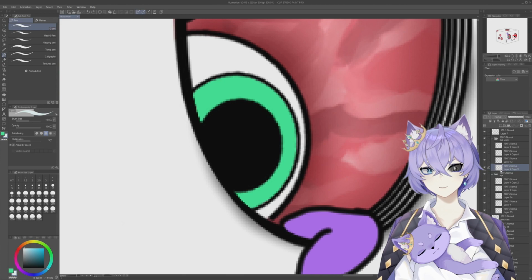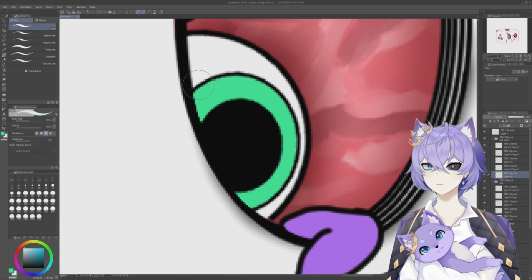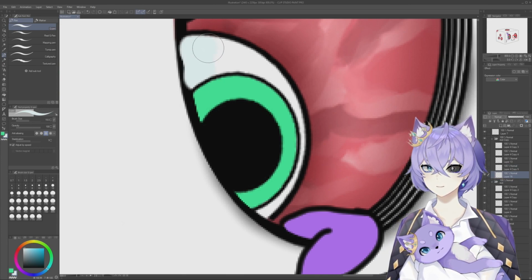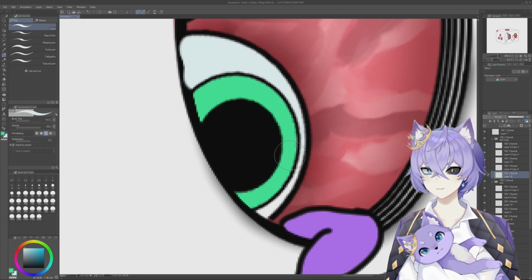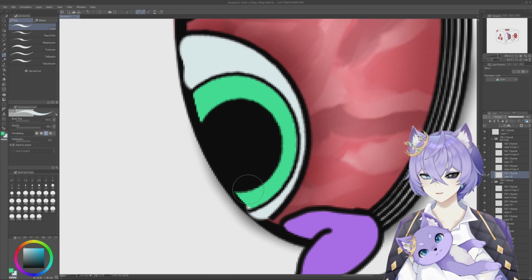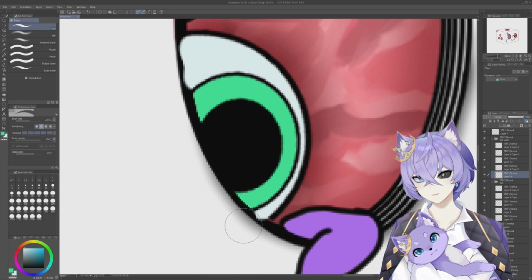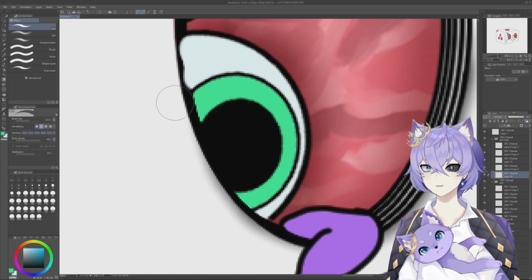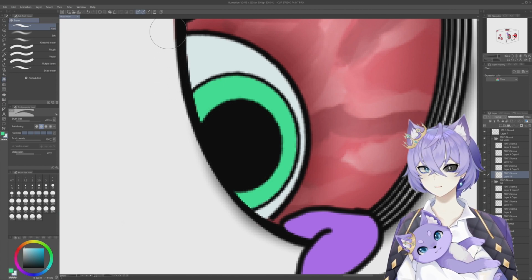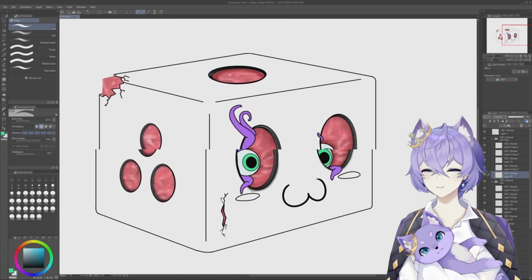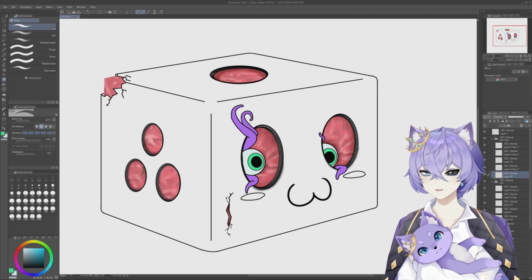And then new layer. Pull this together. Go back in, clean it up. There we go. Now the eyes have that slightly off-white color.